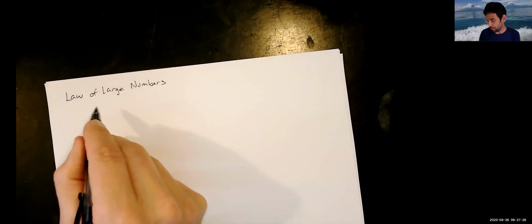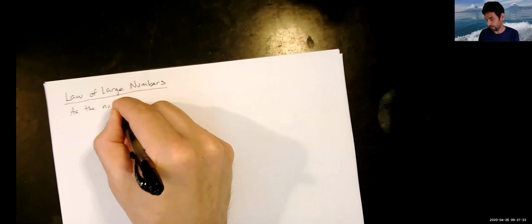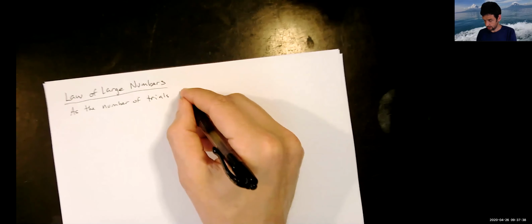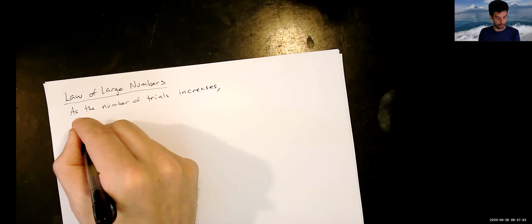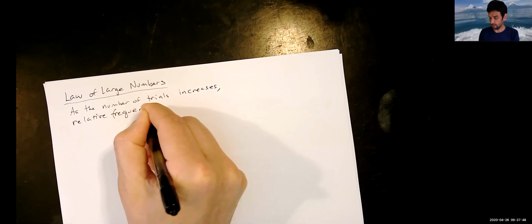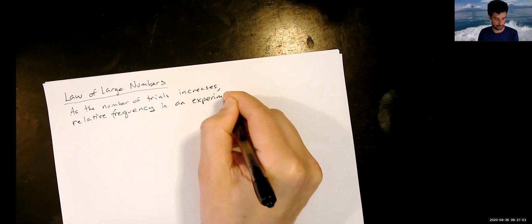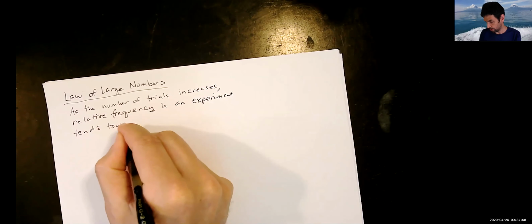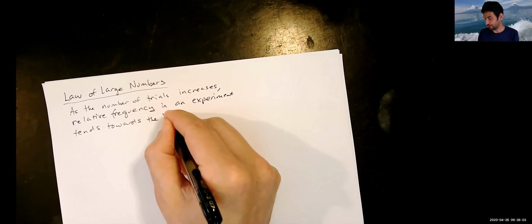This just says if we repeat an experiment, or as the number of trials increases, the relative frequency in an experiment tends towards, let's call it, the theoretical probability.